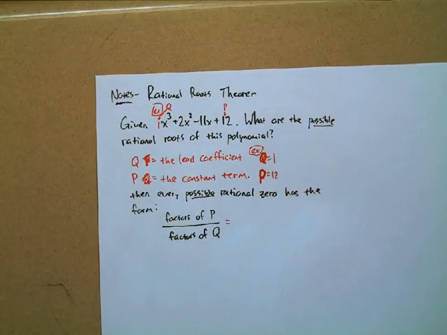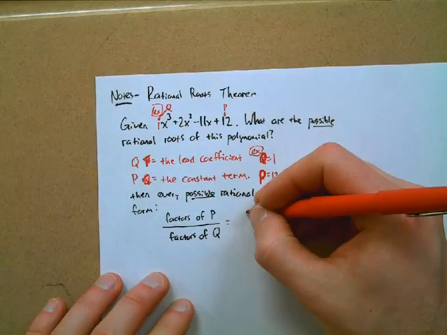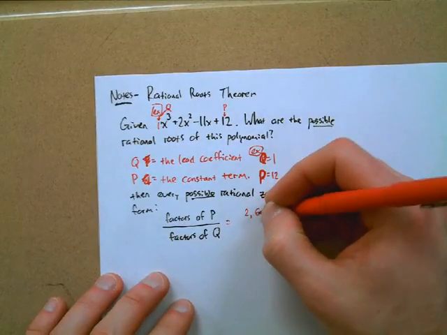In other words, what are some factors of 12? Andrew, what are some factors of 12? 6 and 2. What else? 3 and 4. What else? 1 and 12.